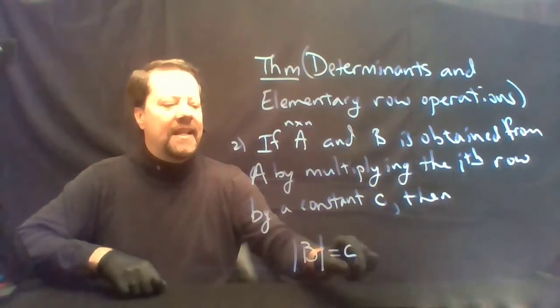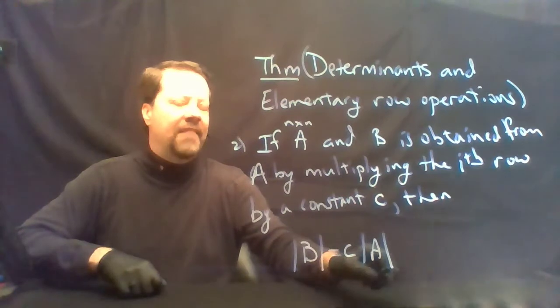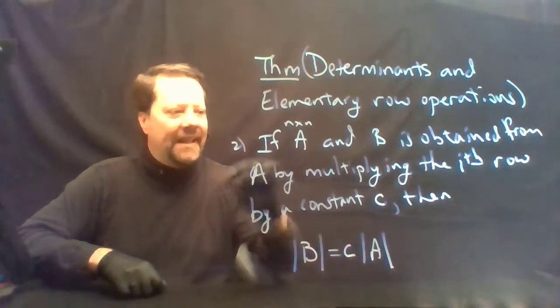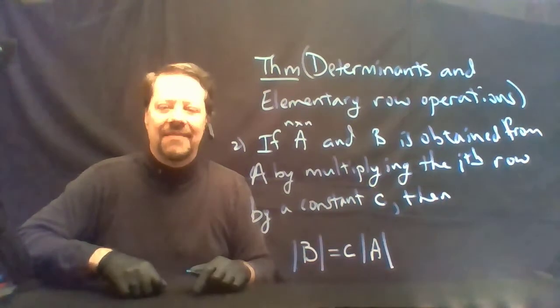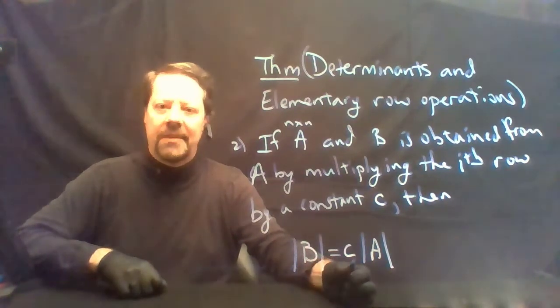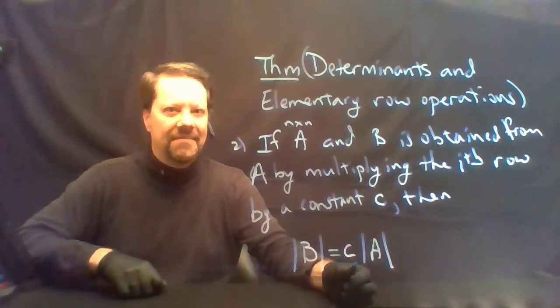Nothing more than C times the determinant of A. So the effect of multiplying any row by a constant is to multiply the determinant by that constant.